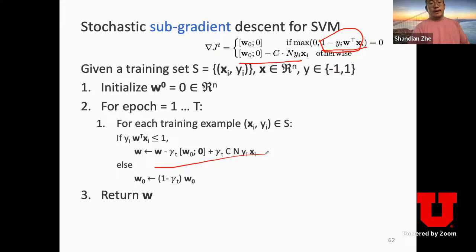Otherwise, your max value is 0, then your subgradient is here, and you update W accordingly. Remember, in this case the bias parameter B doesn't have a subgradient. It's 0. That's why I only need to update the feature weight vector.